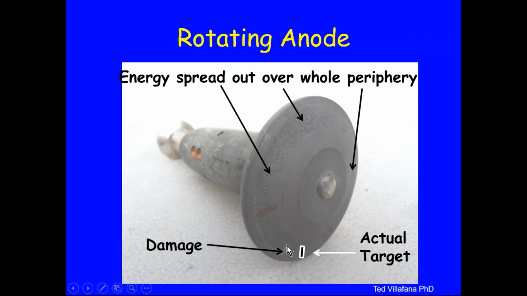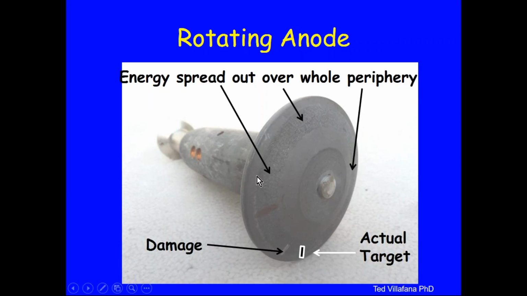This is evidently a damage, a region where there was more heat load than what the system could take, and you bore into the tungsten, which then released oxygen and the eventual loss of that tube.